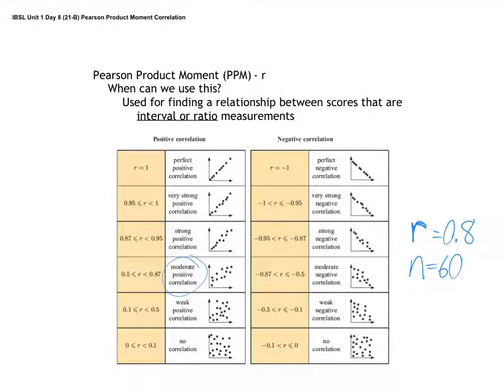All right? So, yes? Why is there so much of a gap for the moderate? Because like for strong and very strong, it really only is 0.13 for both of them. Part of it has to do, you'll see later, we're going to look at what's called a critical value table. Okay? And by the way, I'm showing you one way of interpreting these.